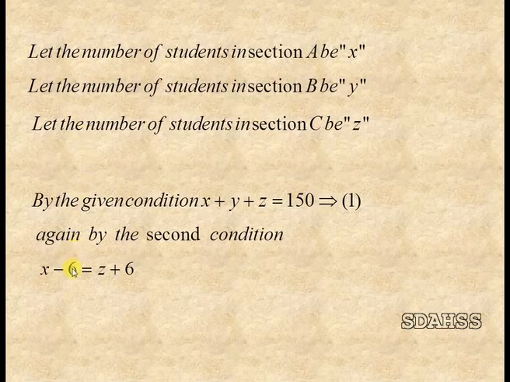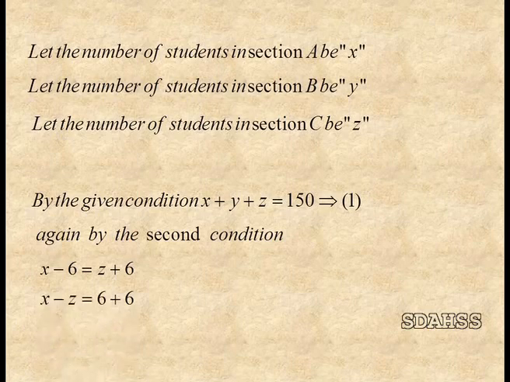So 6 students are shifted from A to C. Subtract the 6 students from section A and add the 6 students to section C. So you will get x minus 6 is equal to z plus 6.